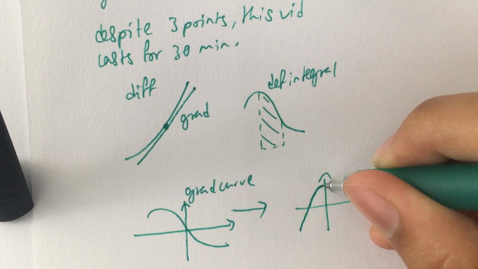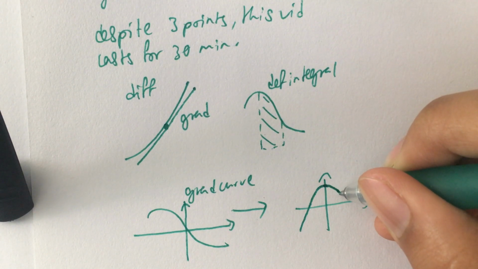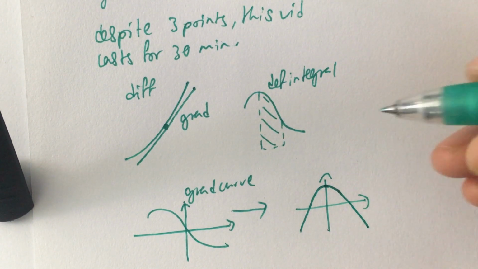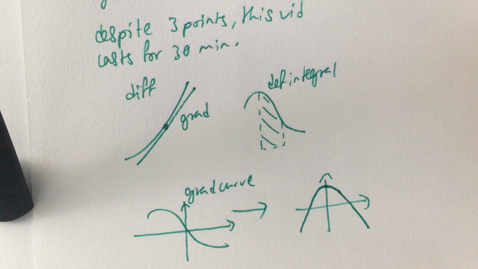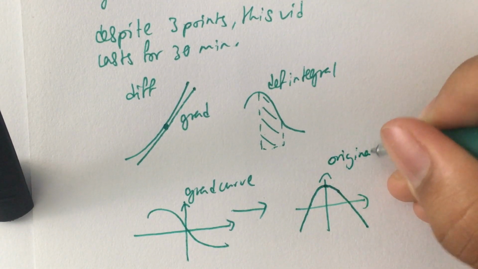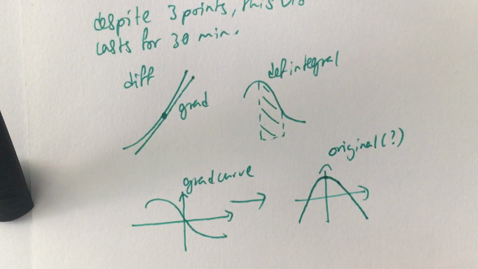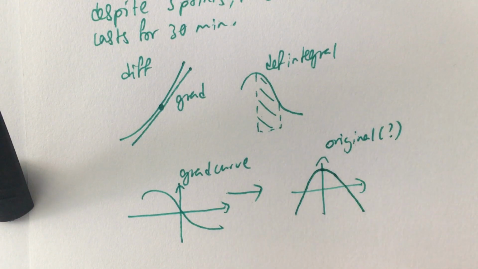But here you don't have anything to substitute. You need a range of values to find the area under the graph. So let's start with the fact that integration is the opposite of differentiation, generally.